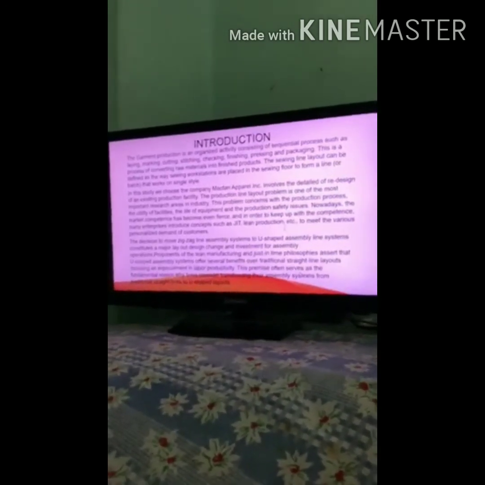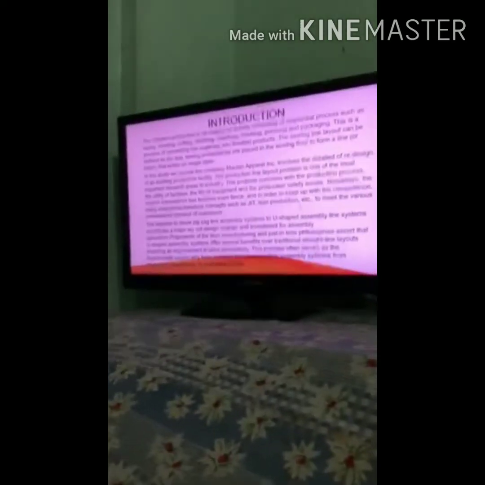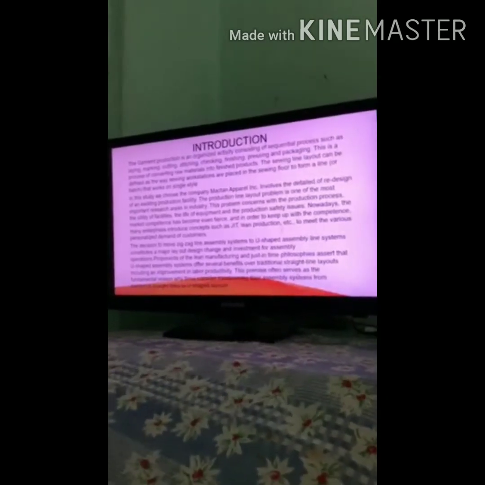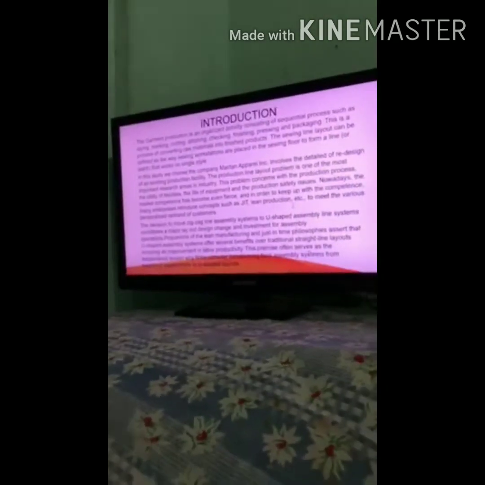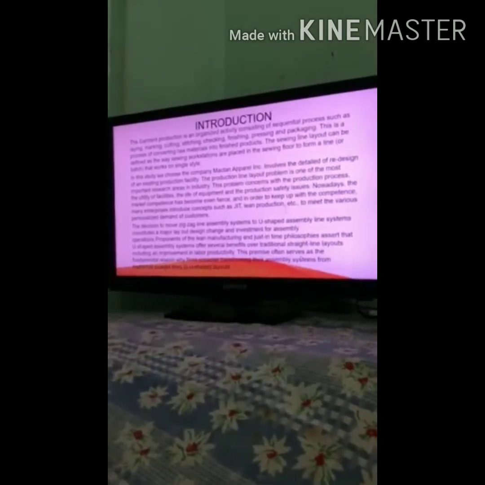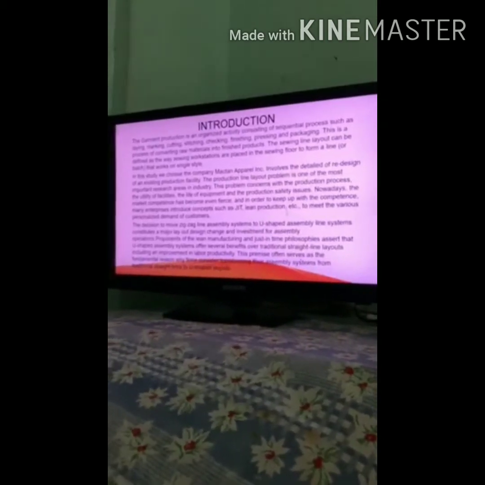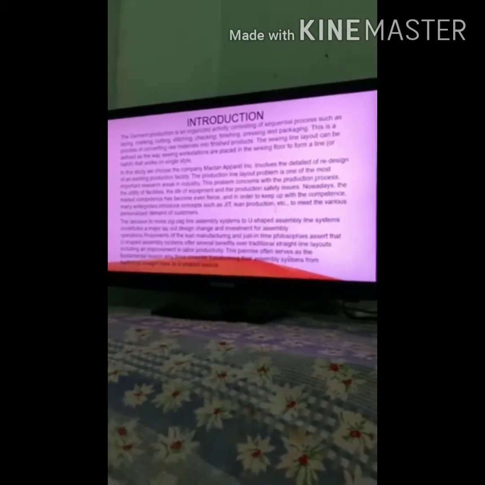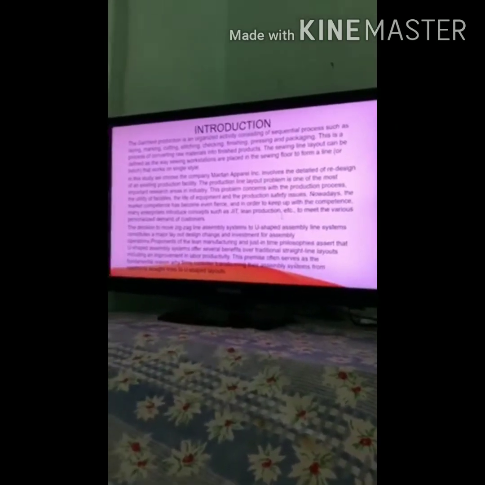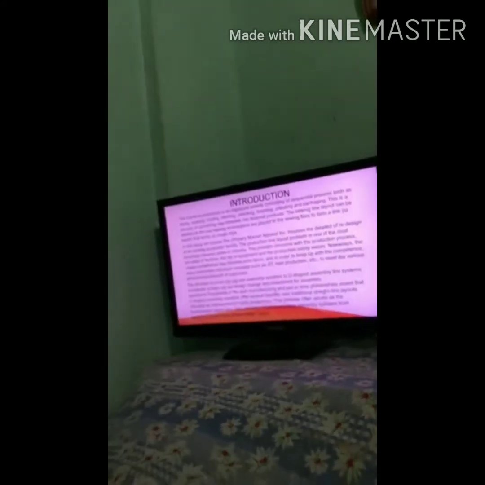Proponents of lean manufacturing and just-in-time philosophies assert that U-shaped assembly systems offer several benefits over traditional straight line layouts, including an improvement in labor productivity. This premise often serves as the fundamental reason why firms consider transforming their assembly system from traditional straight line to U-shaped layouts.